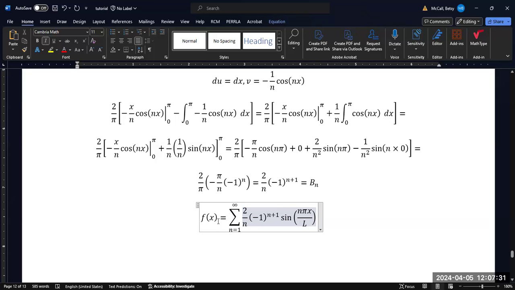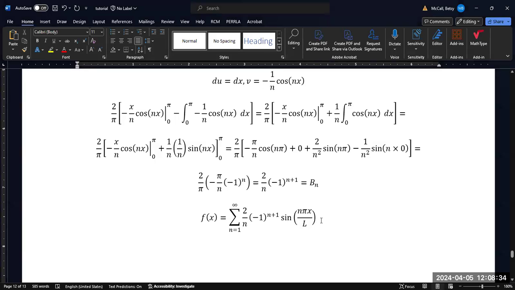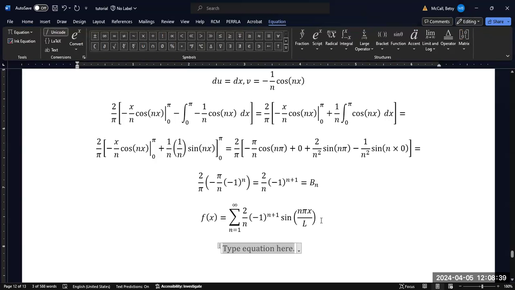And so what we'd like to do is graph this and make sure that this makes sense. In order to see if this graph works, we're going to fill out some coefficients for various values of n, starting with n equals 1, and then we'll see how that builds toward our graph.